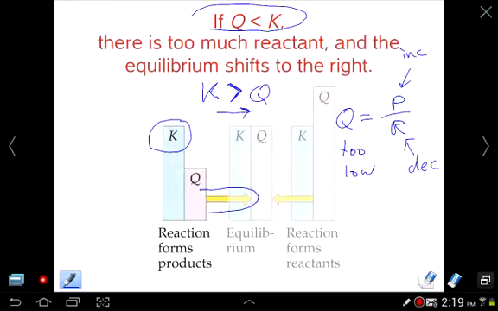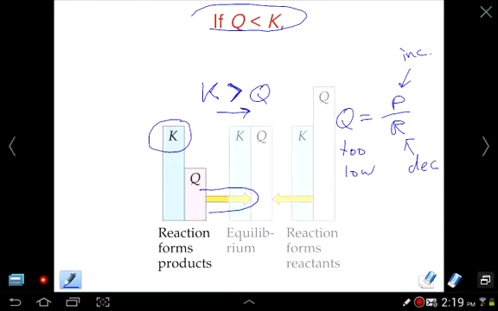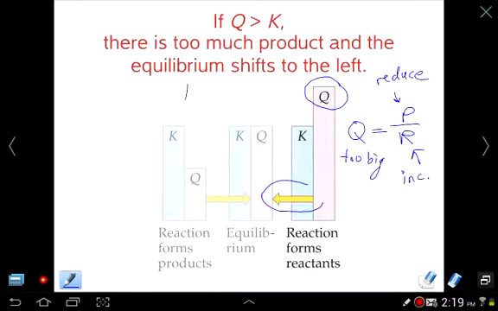Likewise, in the previous example, if you list K first and then Q, Q is greater than K, so the system needs to shift to the left. It's better to understand why, but you can also use this little shortcut to do the problem.